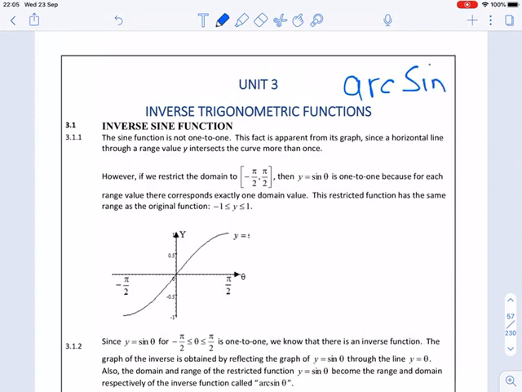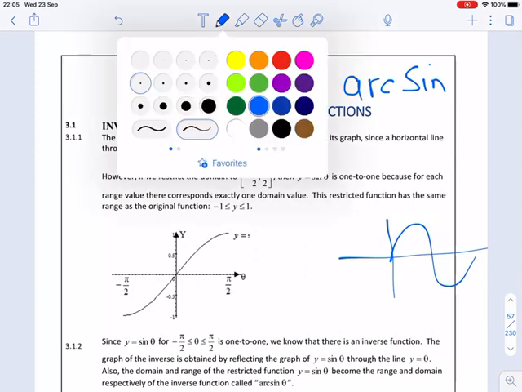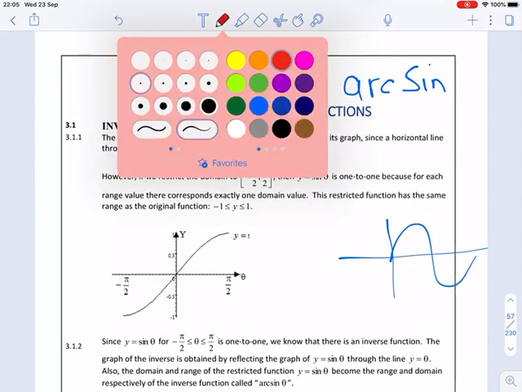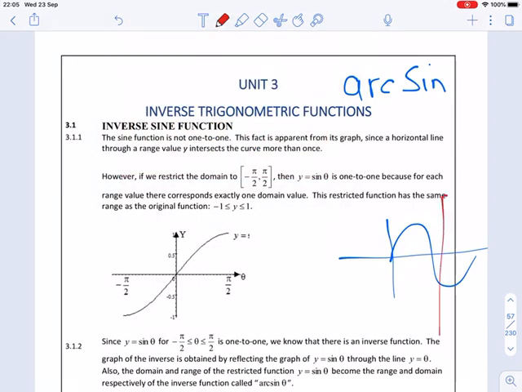Now, if we look at our normal sine graph, the one we drew in the previous recordings in the previous unit, then we also did functions and inverse functions last semester. And we said that if you draw a vertical line through the graph, this is definitely a function. So sine is a function.